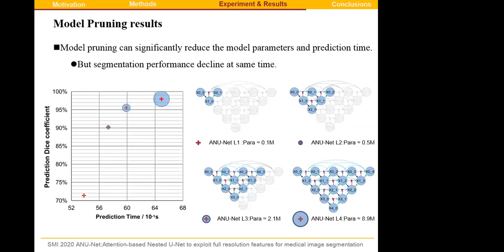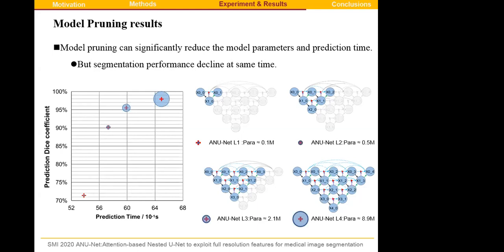So as for experiments on model building, we used ANU-Net L1, 2, 3, 4 to perform the same liver CT image segmentation task. As we can see from the table, the segmentation performance of L1 is not so ideal because it's too shallow. Besides, the result also shows that the performance of L3 is closest to L4.